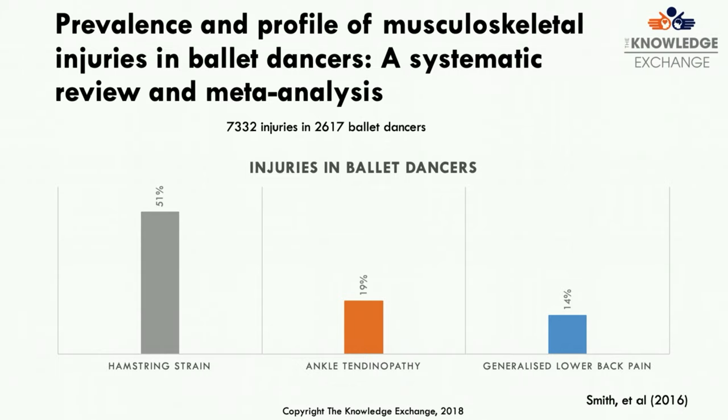The most prevalent musculoskeletal disorder here included hamstring strains, accounting for just over half of the population, 51%, ankle tendinopathies, which accounted for 19%, and generalized lower back pain, which accounted for approximately 14%.